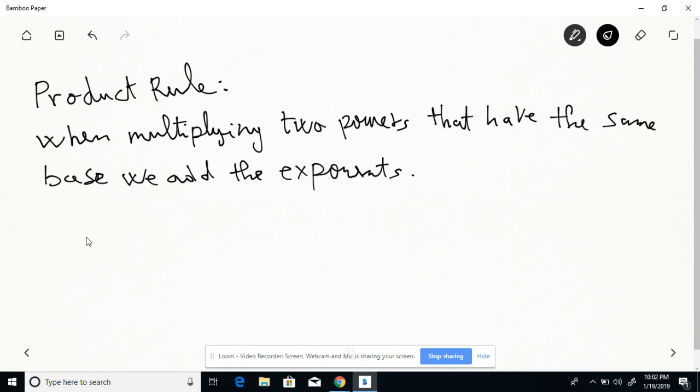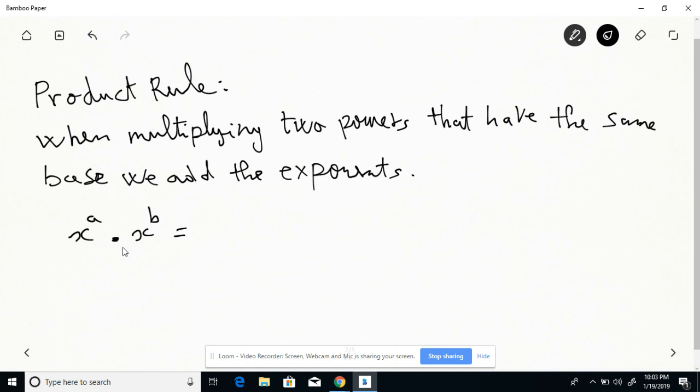I'm going to give an example here. Let's say we have x to the a times x to the b. So what does the formula say here?